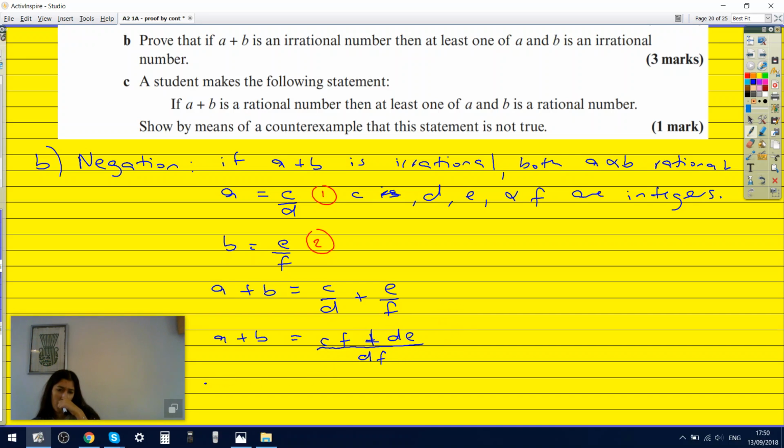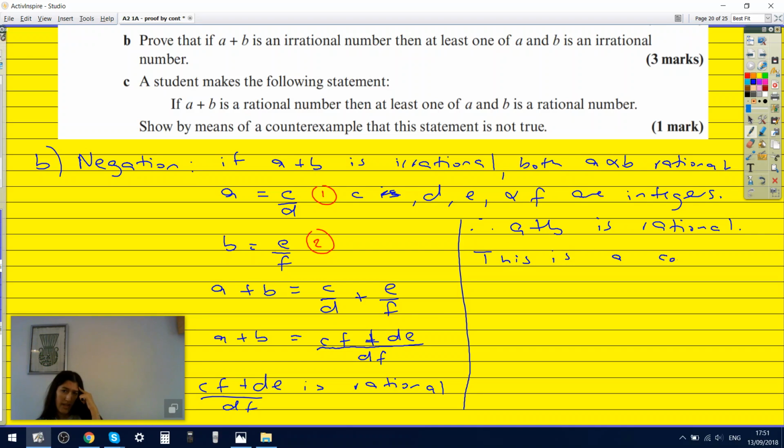So A plus B must also be rational because it's equal to a rational number. This is a contradiction. Therefore, at least one of A and B is irrational. That's it.